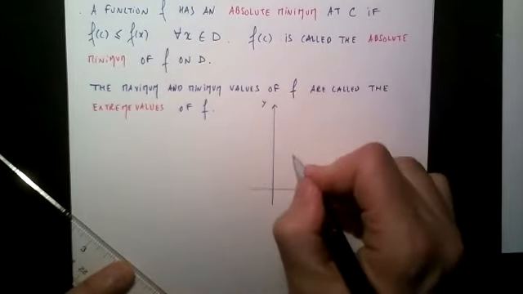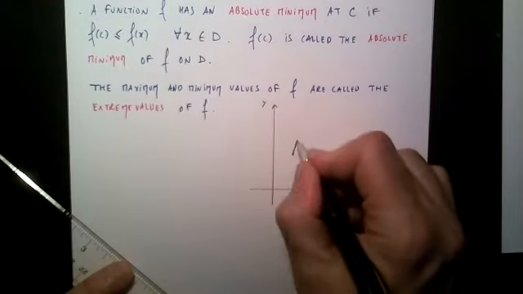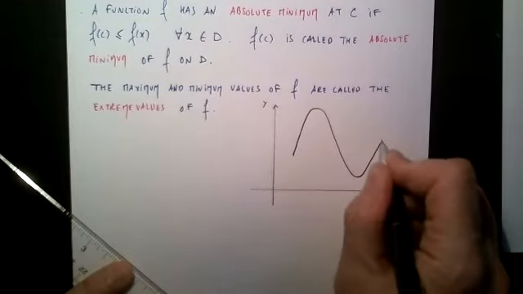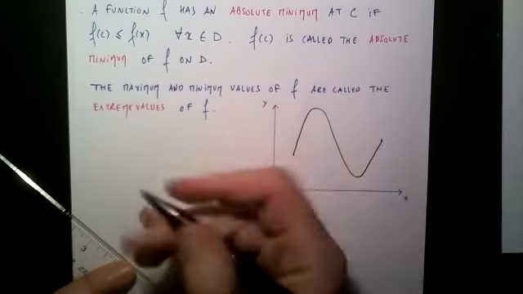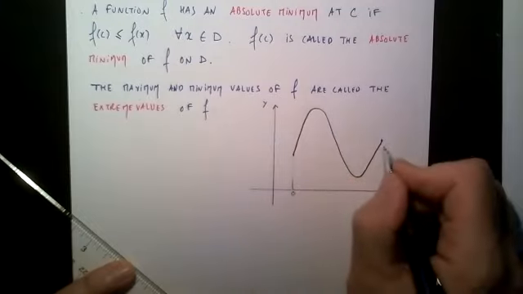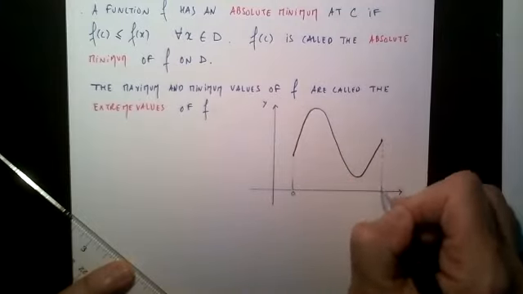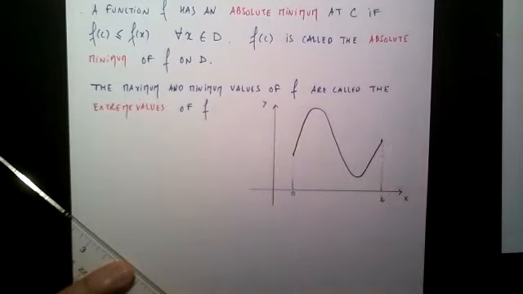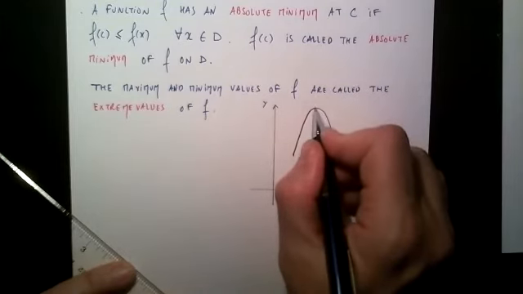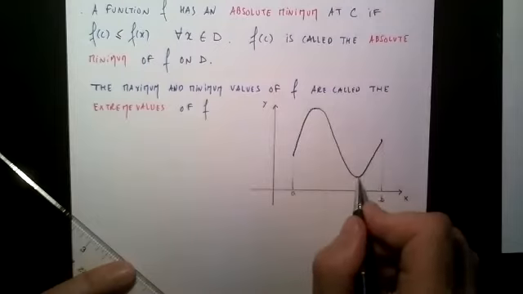Let's say I have a function like this, defined over an interval a, b. Of course this will be the maximum, and this will be the minimum.